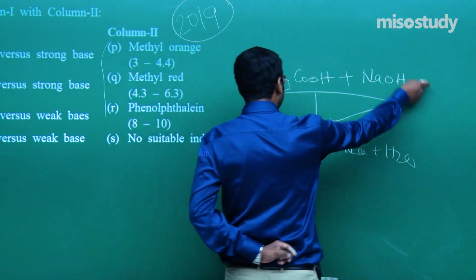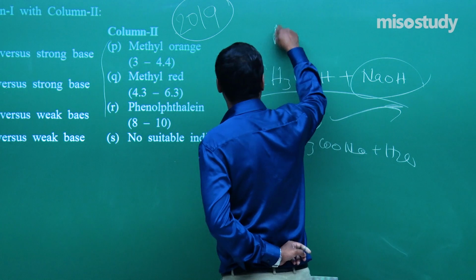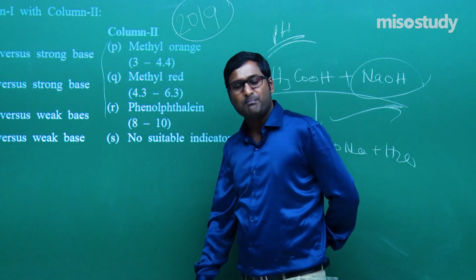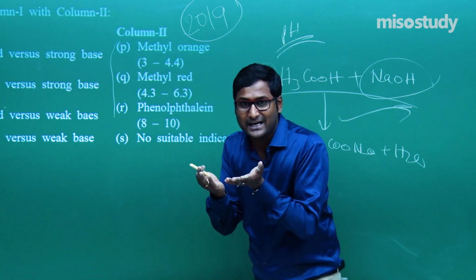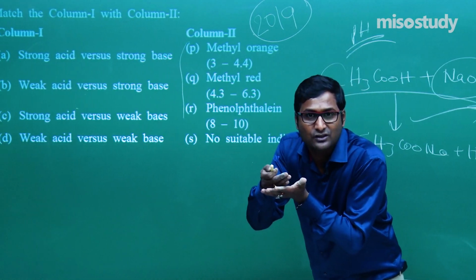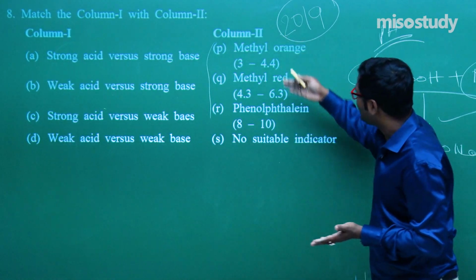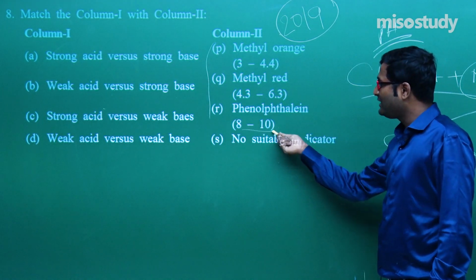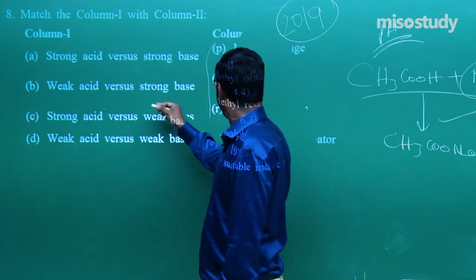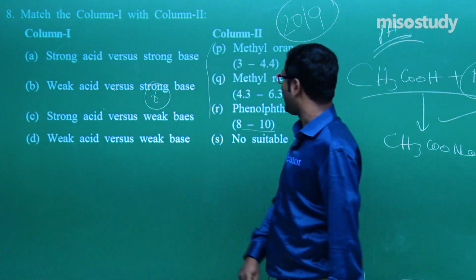If the base is strong, then definitely pH will rise. For such a reaction we will use that indicator which has a high value of pH. And in this case, which has a high value of pH? Phenolphthalein, that is 8 to 10. So for B, the perfect indicator is R.